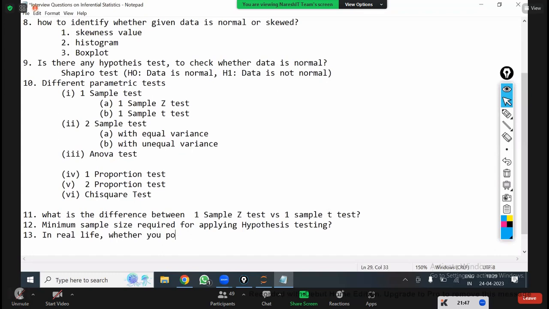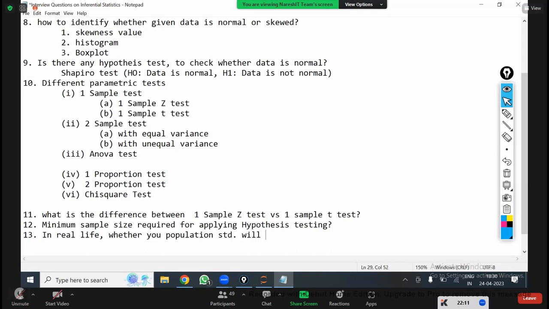If possible, 1000. Again, they will ask, why 1000? That is okay. You only told that with 30 there will be no difference. Again, why are you saying 1000? Because you'll get more accurate results. Up to 1 decimal is okay: 0.6 and 0.64 are both the same for you.